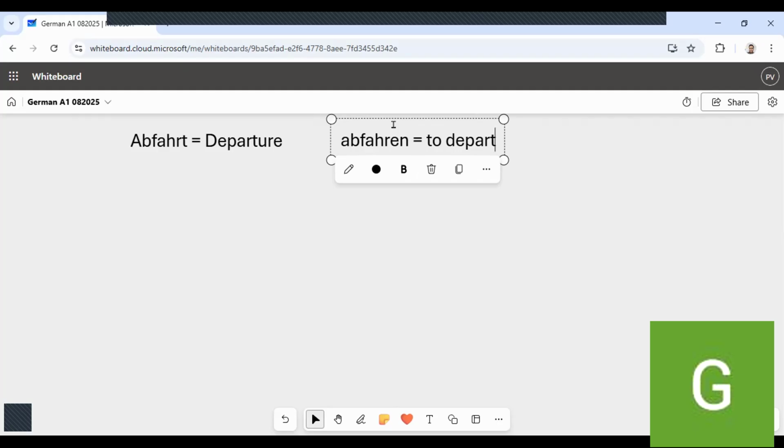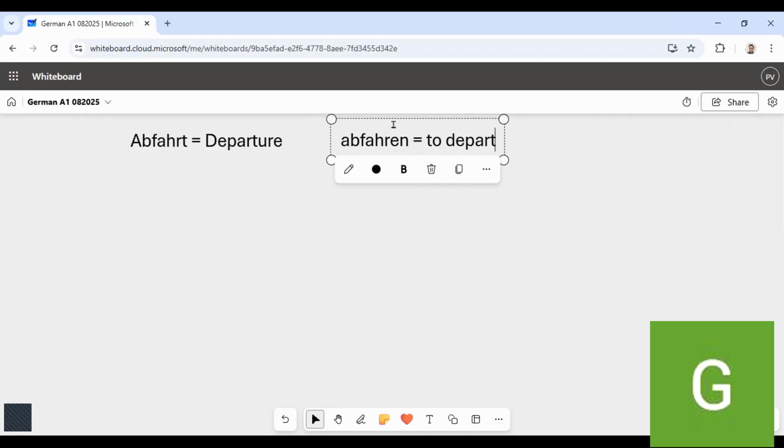Suppose a guest has been in your room or home for 3 or 4 days. You want to ask when they are departing from your house, or when is the flight departure, when the flight will depart. Okay, abfahren means to depart.